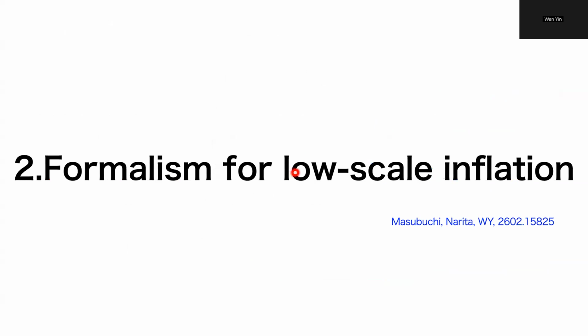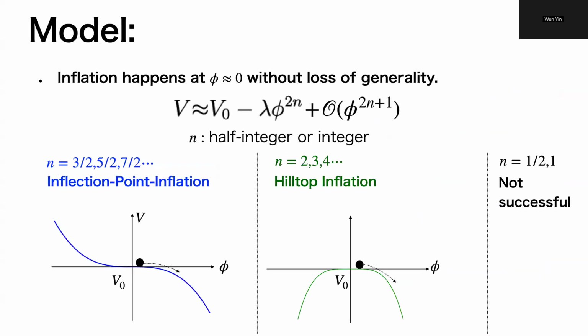To show this, I want to briefly introduce the formalism that we consider. Let's suppose that the inflaton potential is analytic. Let's suppose that we can expand the potential around the field value where the inflation takes place. I take this potential value to be zero without loss of generality by field redefinition. Then we usually have a generic Taylor series.